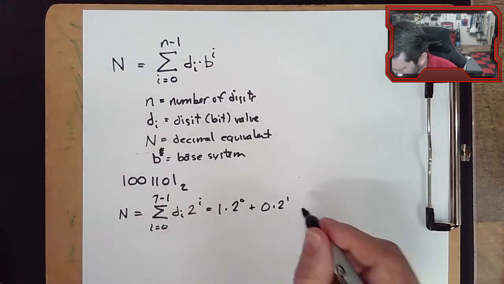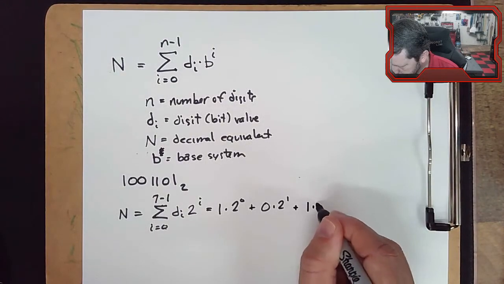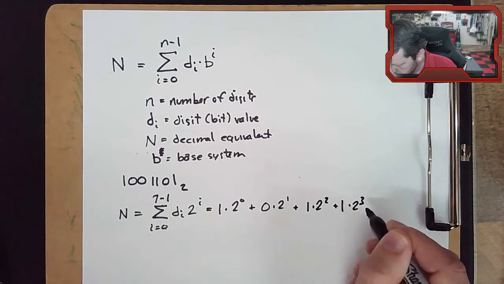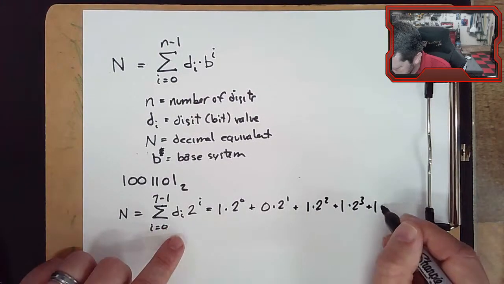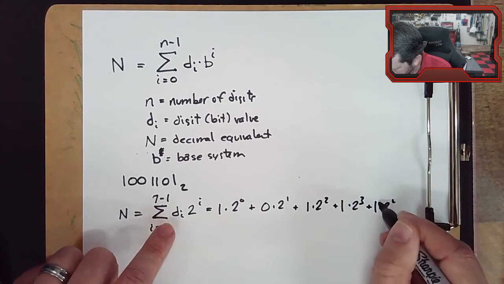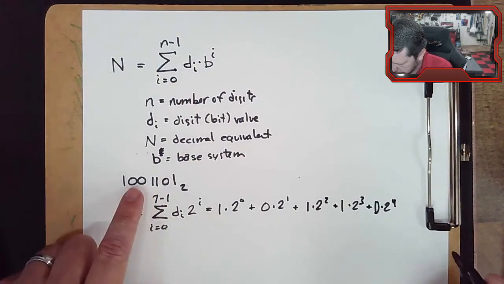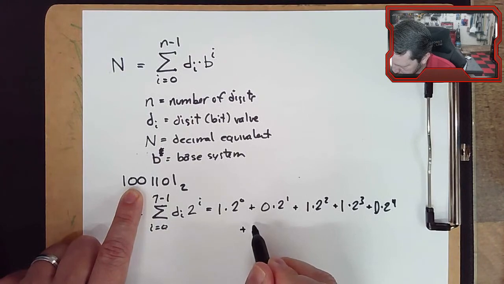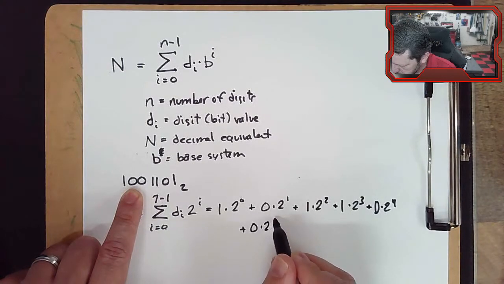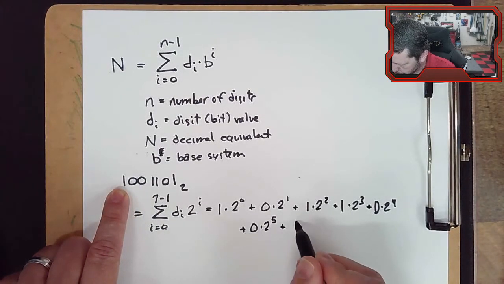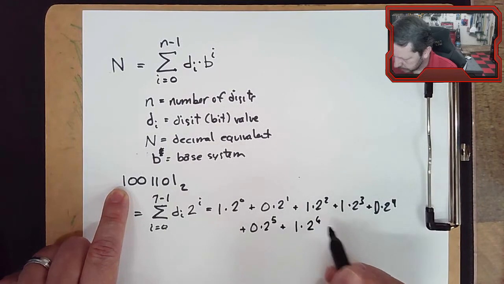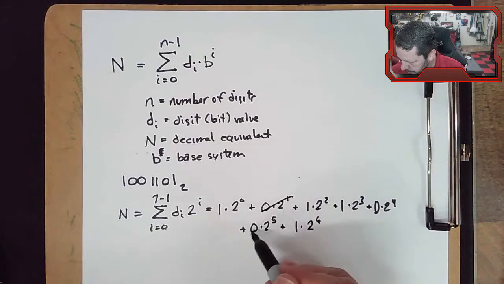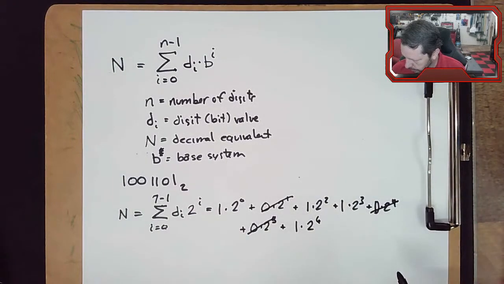And then we move over, plus 1 times 2 squared, plus 1 times 2 cubed, plus 1 times 2 to the, oh no, that's a 0, 2 to the 4th. Now we're over here, we'll move down, plus 0 times 2 to the 5th, plus 1 times 2 to the 6th. So we've got a bunch of these that are zeros, so those aren't going to do anything.